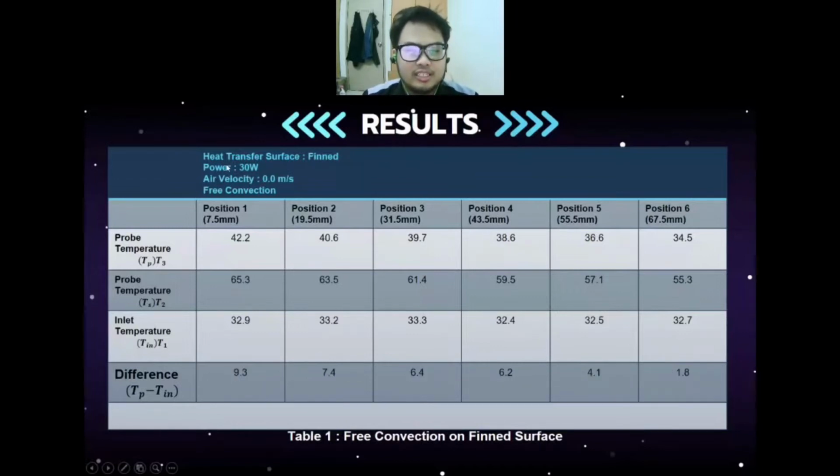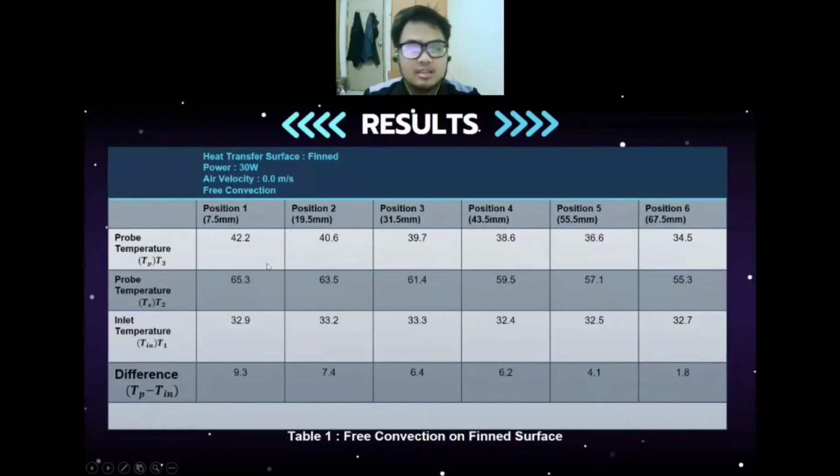So the next result is the heat transfer surface for fin, and the power is still 30 watt, air velocity is 0.0 meter per second, and the situation also is free convection. As you can see, we have 4 different types of temperature data. 3 of them we get from the equipment, and the difference we get by calculating TP minus Tin.